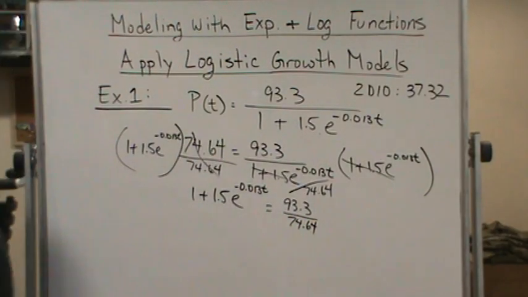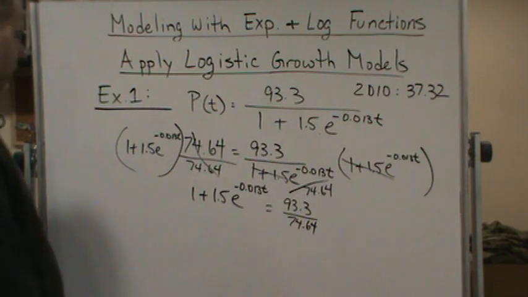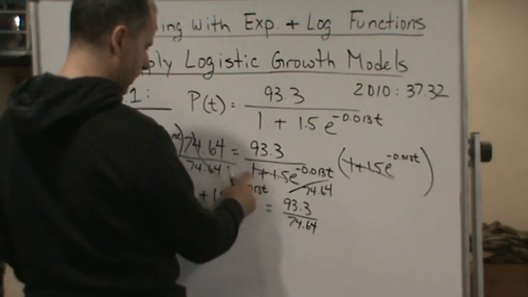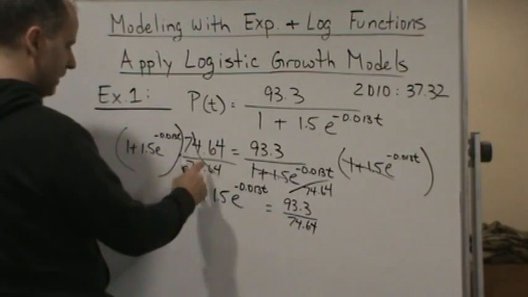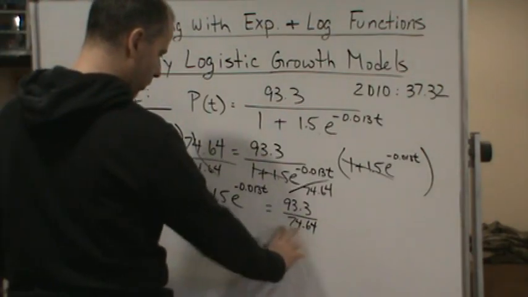Okay? So again, just make sure you understand what I just did there. All I did was multiply both sides of the equation by this, and then divide both sides of the equation by 74.64, and this is what I got.